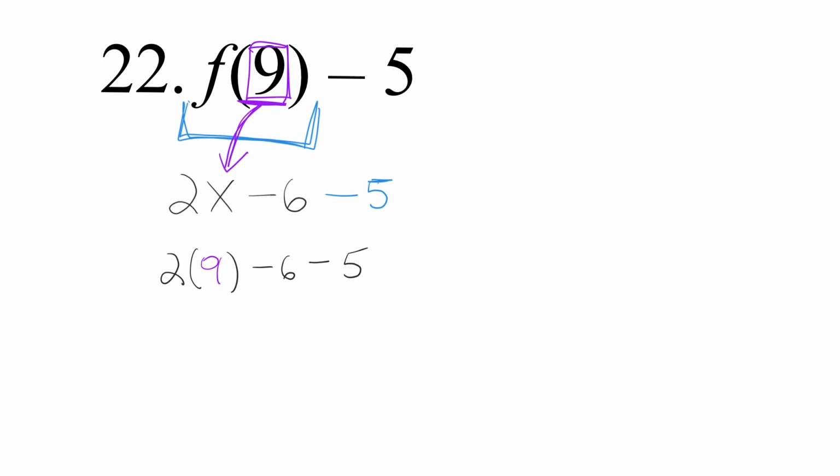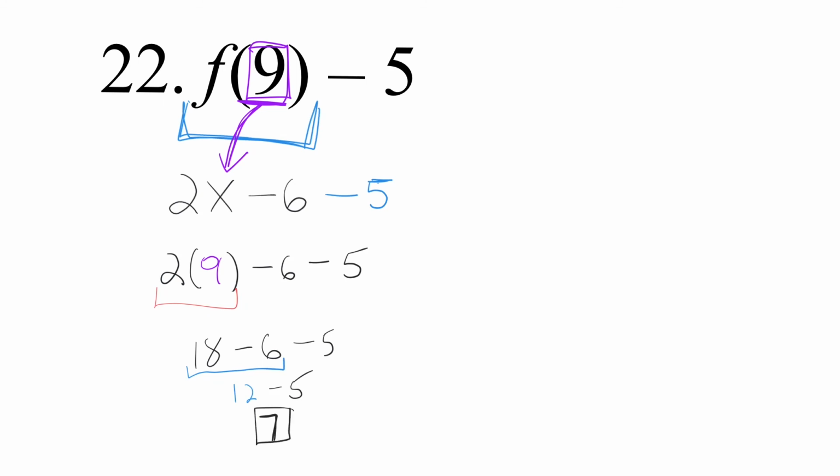So you guys can use the calculator, or you guys can do this by hand. If you multiply 2 times 9, that's going to be 18 minus 6 minus 5. And if you guys subtract 18 minus 6, that's going to be 12 minus 5. And 12 minus 5 is 7.